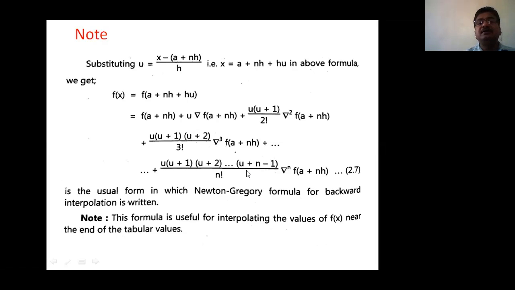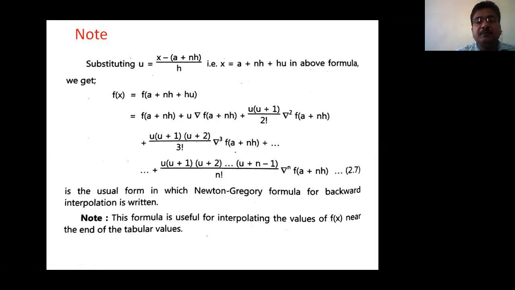And this is the formula for example purpose. Use this formula for example purposes. And this formula is useful for interpolating the value near the end of the given values, or near the end of the tabular values, that is near the end of the table. So when we apply Newton's backward interpolation formula, the values of x must be equidistant. This condition is common to both Newton forward and Newton backward. But when we use Newton's backward interpolation formula, we interpolate the value at the end of the table, the end of the given values.